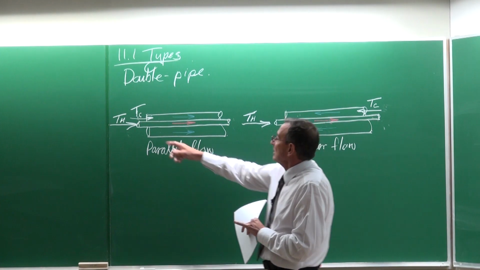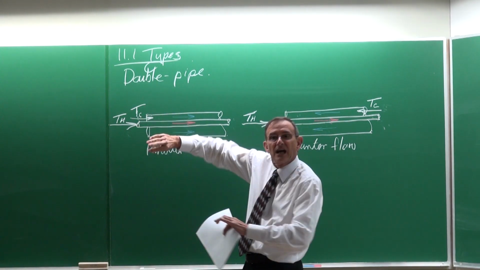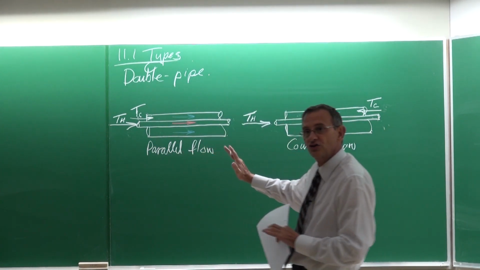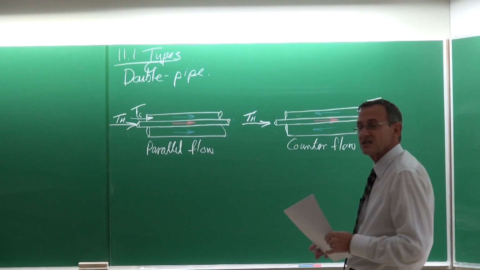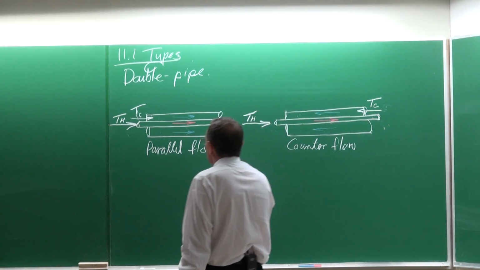Take note, I've indicated this as the hot stream and that the cold stream. It can be the other way around also. This is just an arbitrary selection. The hot fluid does not always have to flow through the inner tube.